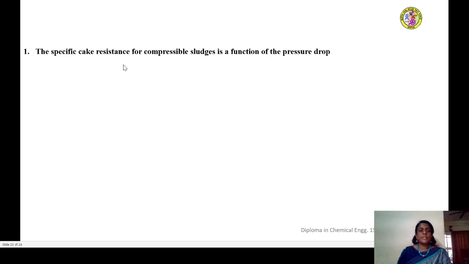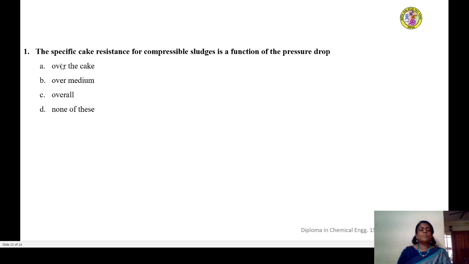The specific cake resistance for compressible sludges is a function of the pressure drop over the cake, over medium, overall pressure drop, none of this. So cake resistance for compressible sludges actually depends on the pressure drop. Okay.